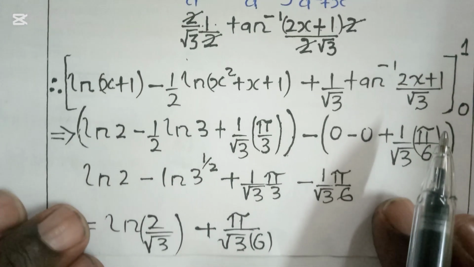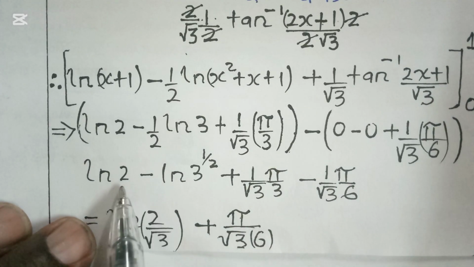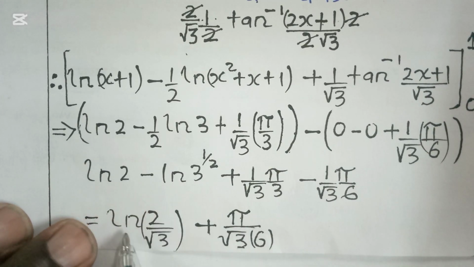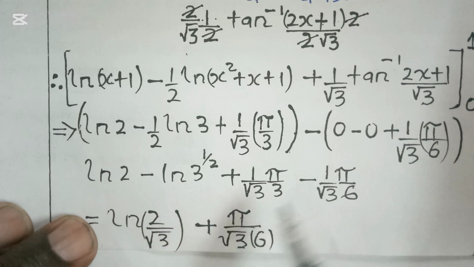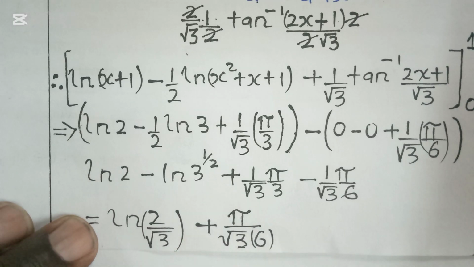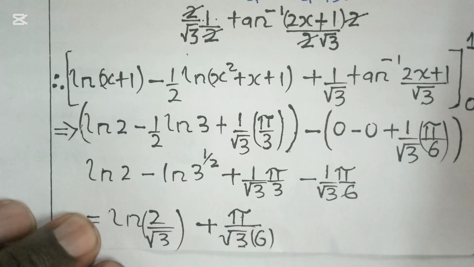Guys, when we do that, using the law of logarithm of subtraction, this is going to be natural log of 2 divided by 3. Plus, when you do this, guys, you subtract this from that. Guys, we are now going to get this as our answer. And so therefore, guys, this is how we do it.